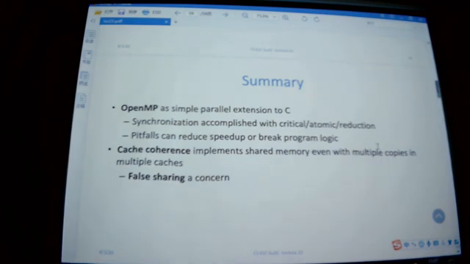Pitfalls can reduce speedup or break program logic. Cache coherency implements shared memory, even with multiple copies in multiple caches. So we can see false sharing. Okay, this is the content in lecture 23.